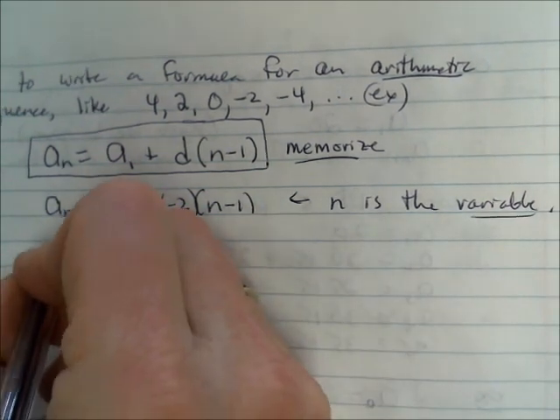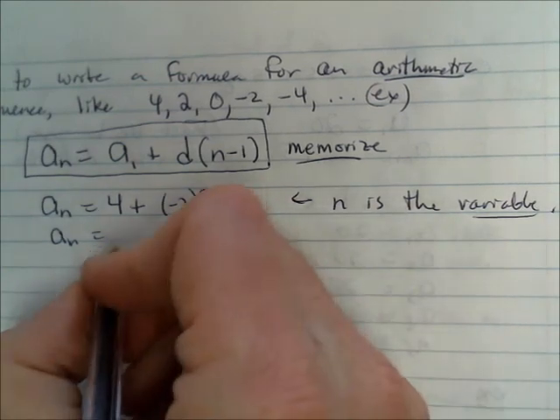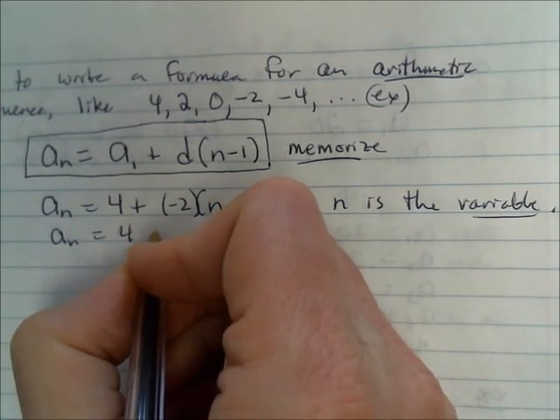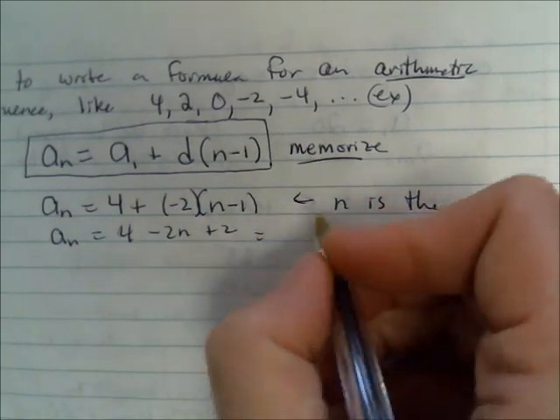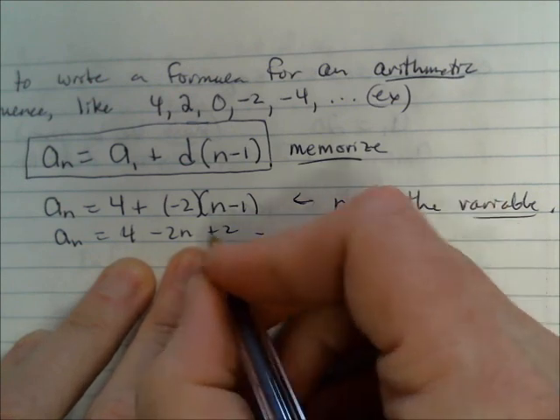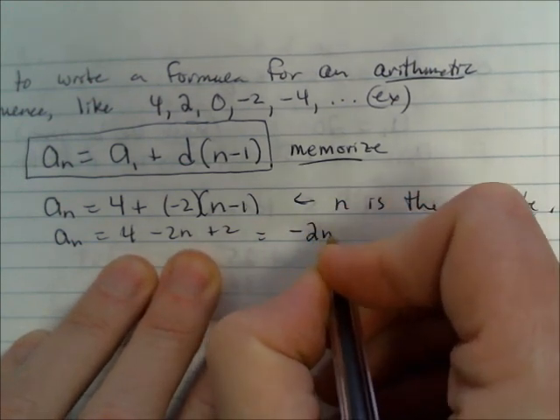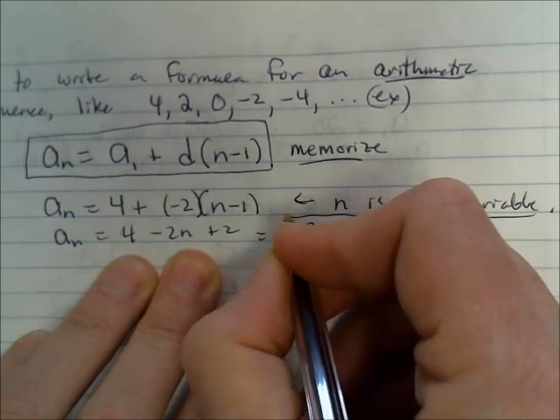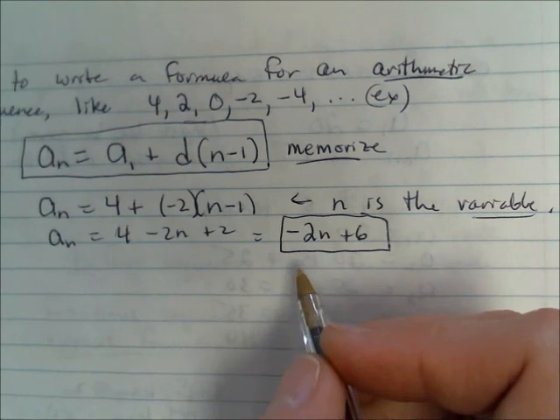All right, so all you have to do is distribute the -2 and combine like terms. So 4 minus 2n plus 2, which is equal to, we can write it in y equals mx plus b format when n is like the letter x. So that's -2n plus 6. So there is your explicit formula for the nth term.